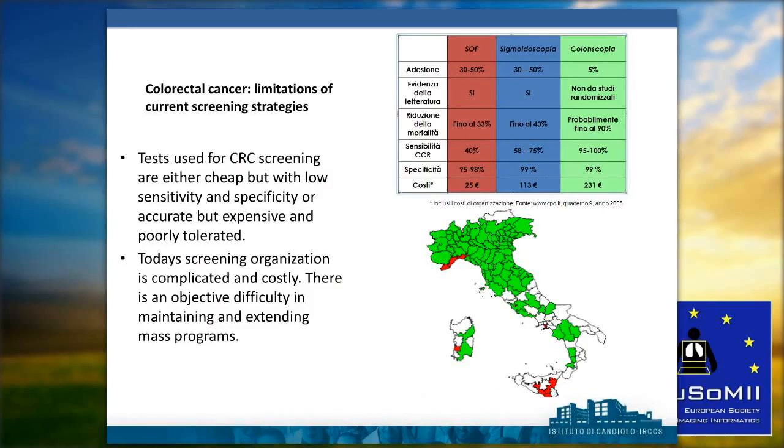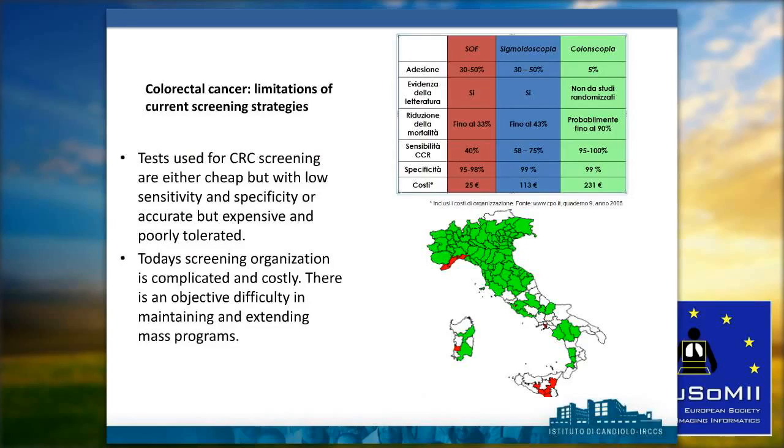The other thing we looked into was the tests that are used for screening. There are different tests. Some are cheap, but they have a low sensitivity and specificity, and others are more accurate, but they are expensive and poorly tolerated because they are invasive.